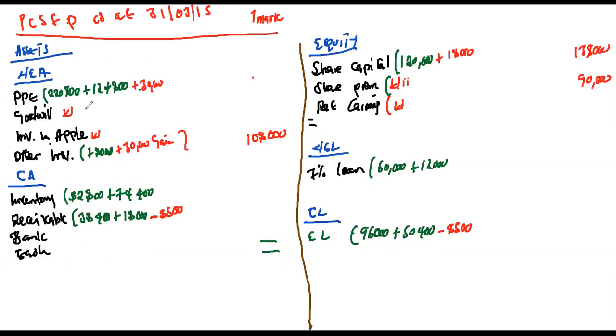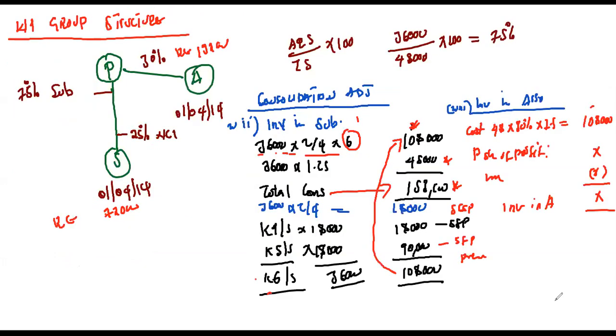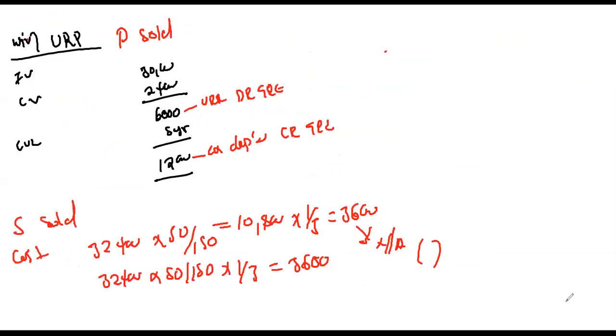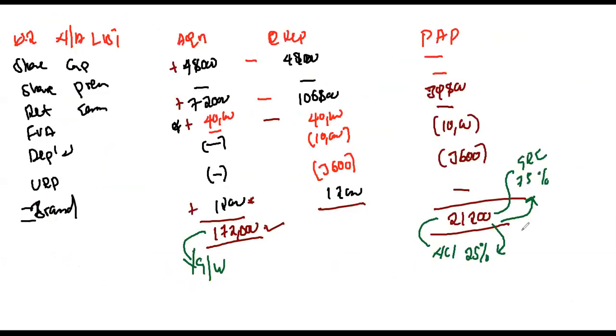Where did that working number 4 figure go? The one we did when we were doing the net asset list. There was a figure of 21,200. I've not yet reached this stage.